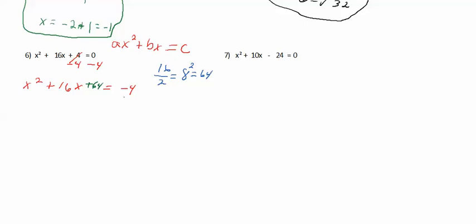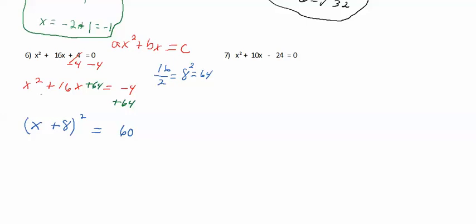Okay, this one I just created a perfect square trinomial. So I've got x plus 8, in parentheses, squared, is equal to 64 minus 4, which is 60.